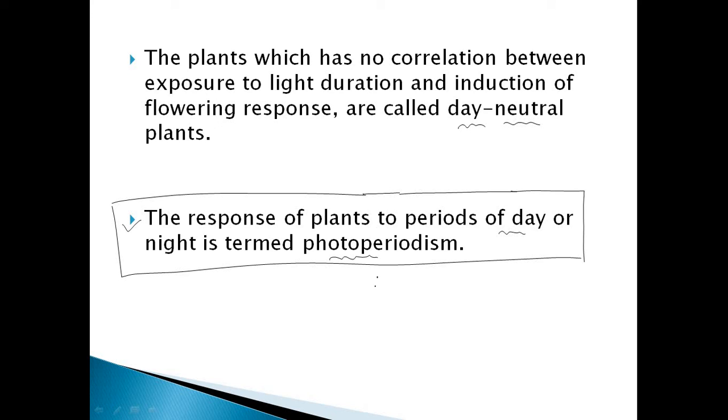That is called photoperiodism, and according to photoperiodism, the plant's flowering occurs, and there are three types of plants.